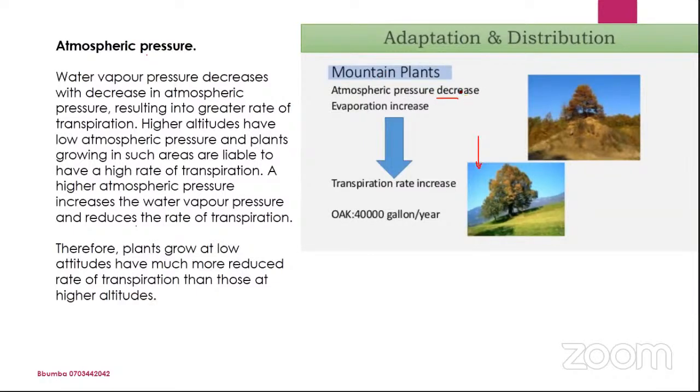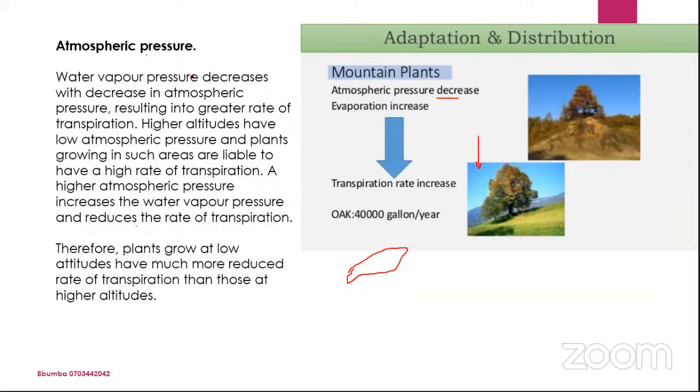There is low atmospheric pressure, so evaporation is going to increase because there is less pressure acting on the leaf surface. So a plant on a mountain will evaporate more than a plant on a lowland, because the one on the mountain is experiencing less atmospheric pressure, while the one on a lowland is experiencing more pressure against it.